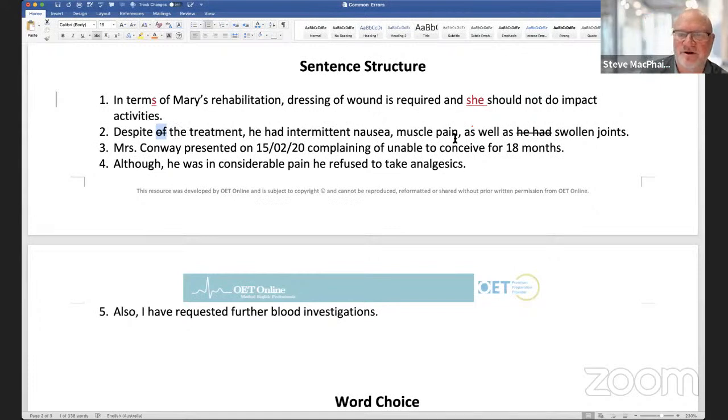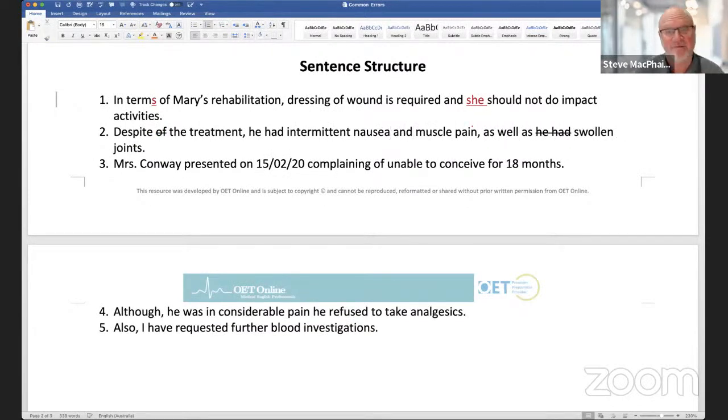If I'm correcting, I would say he had intermittent nausea and muscle pain. And then I would add, so I'd put "and" here, "as well as" plus noun, as well as swollen joints.